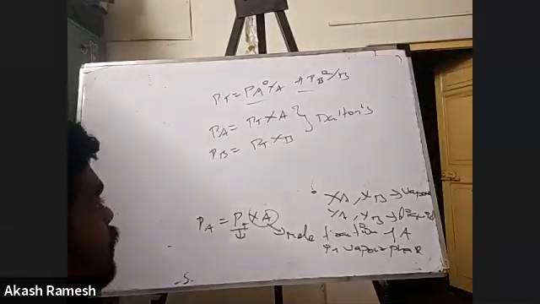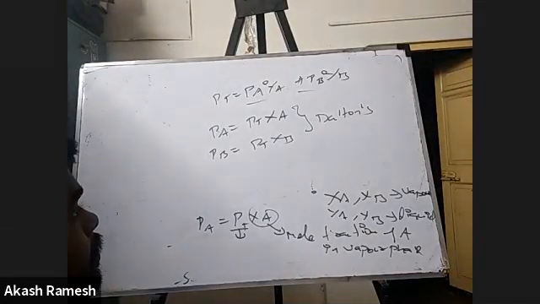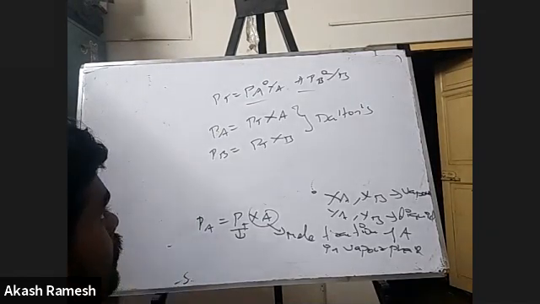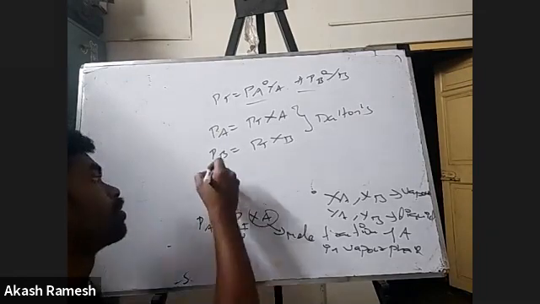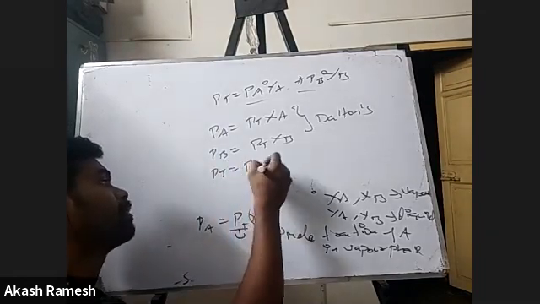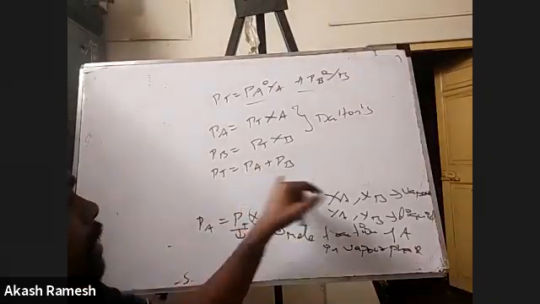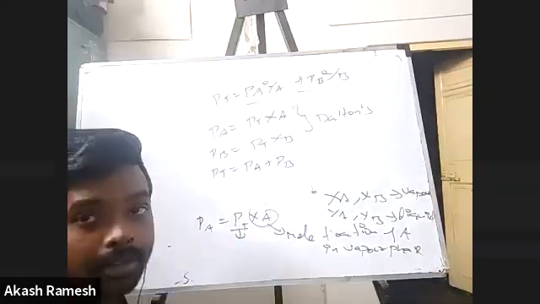Fine. So we have to do something. And I have one more thing also. P total, I can write it as PA plus PB, either way. And all this PA, PB, P total, all these are vapor pressures.